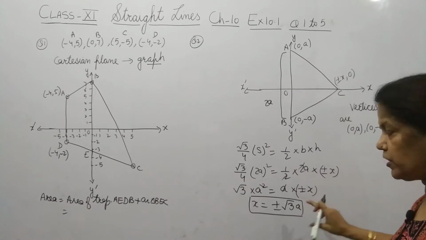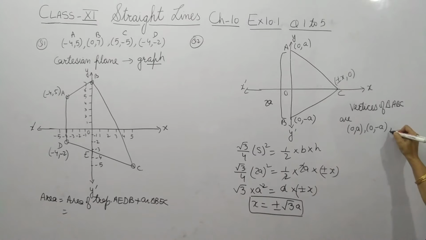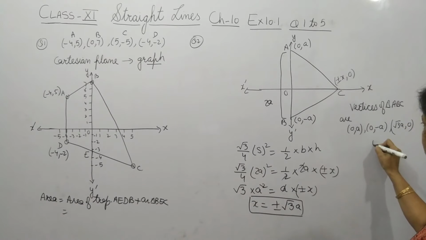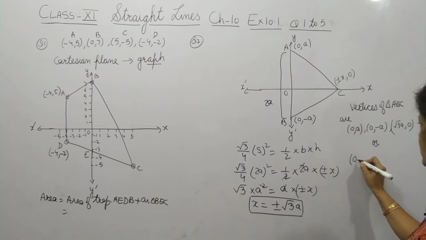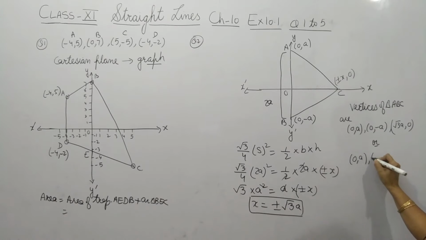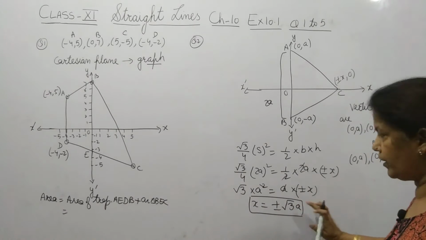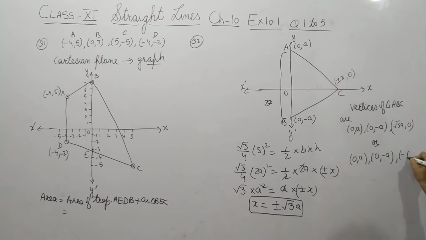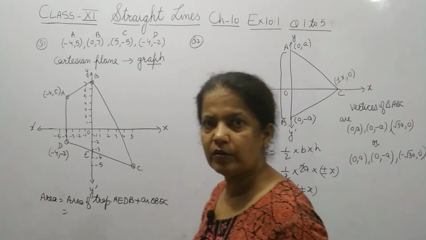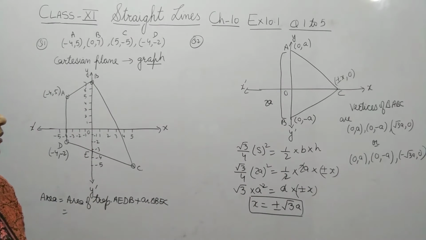First we will take plus, so it will be root 3a, 0. Or it can be 0, a, then 0, minus a. Now you can take the other coordinate as negative, minus root 3a, 0. Is it clear? Like this you can do it.